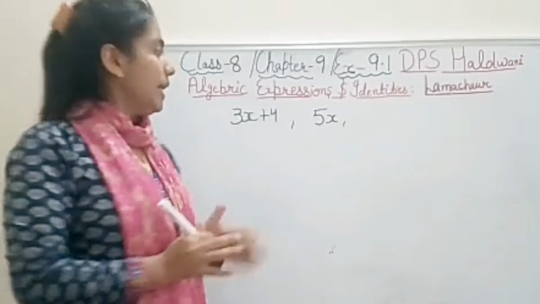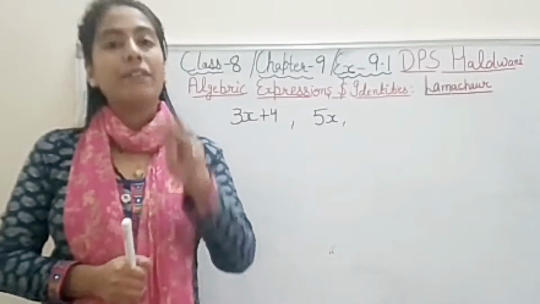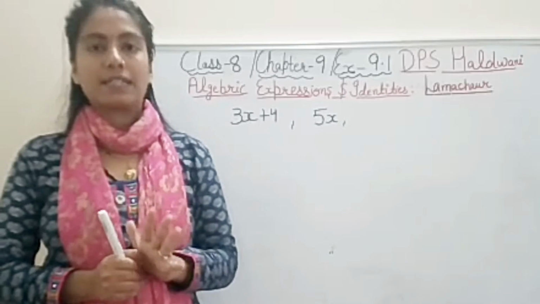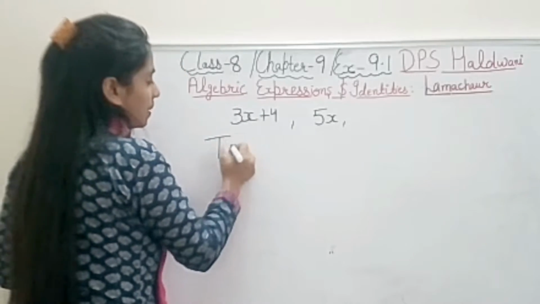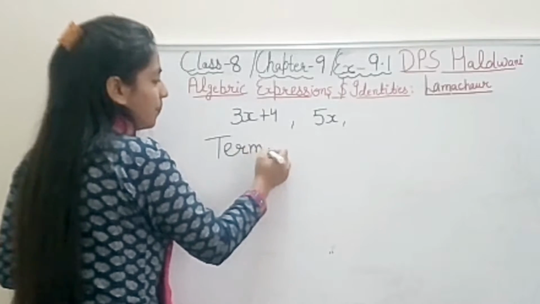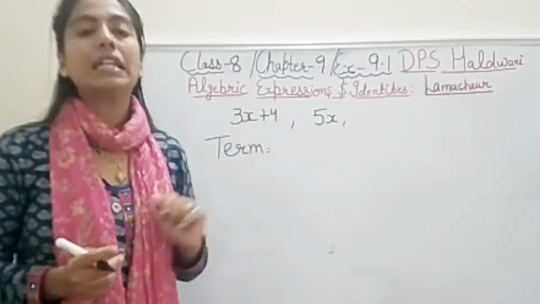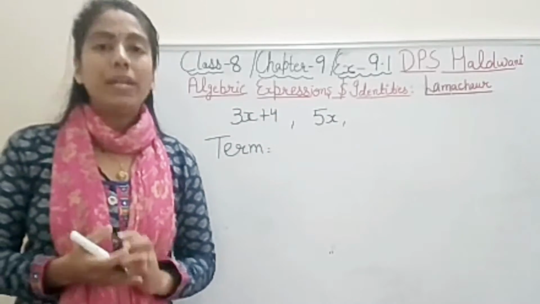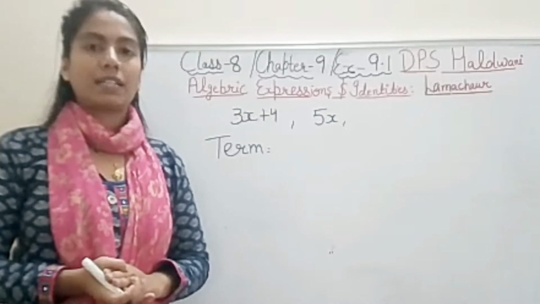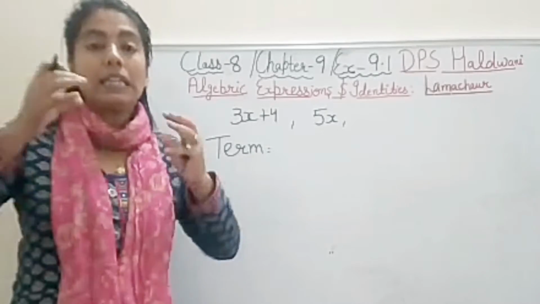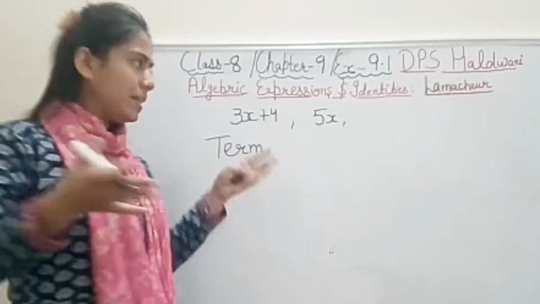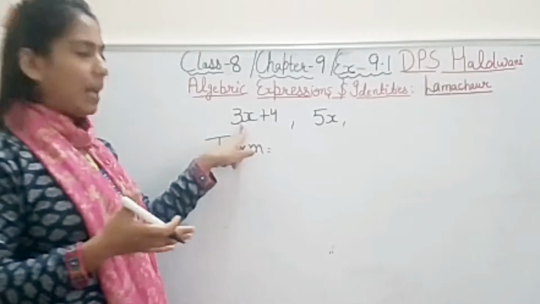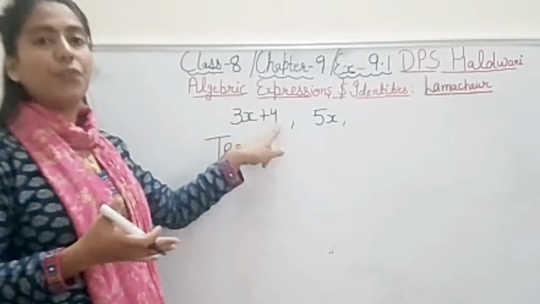Now, in an expression we have basically three things. The first is the term. Students, what is a term? Whenever you have an expression, how many terms are present in that expression? Suppose in the first example I take 3x plus 4.